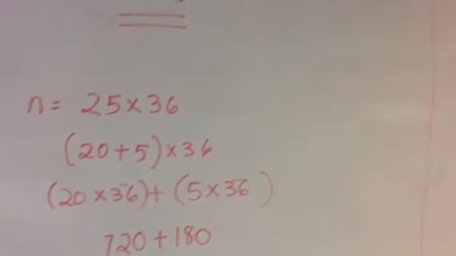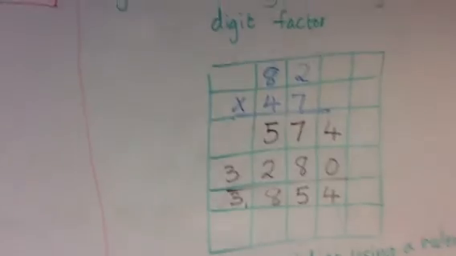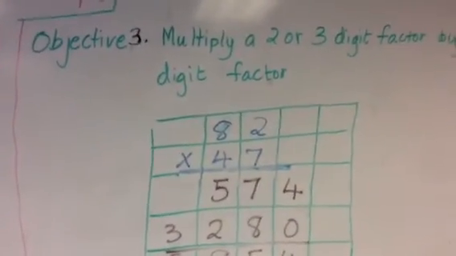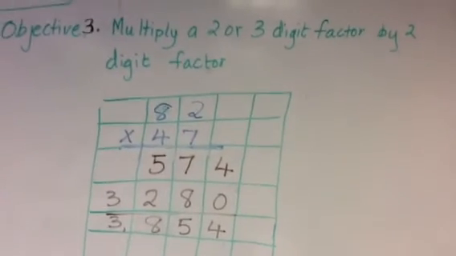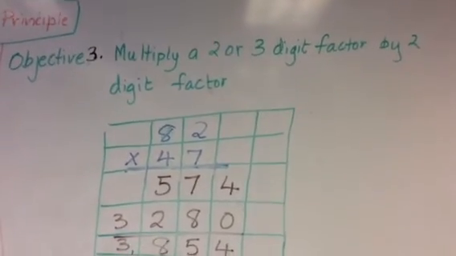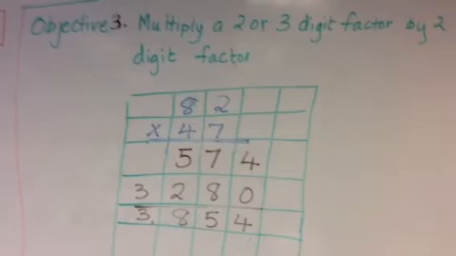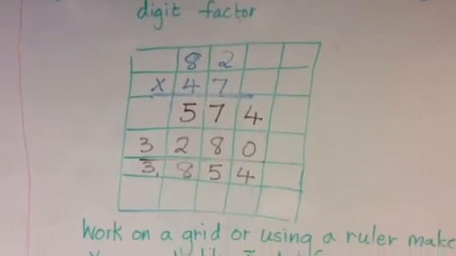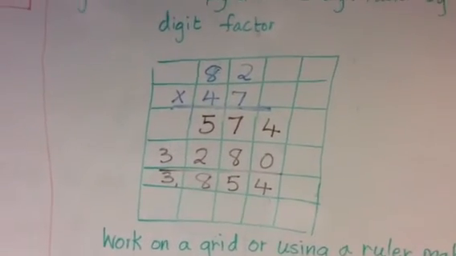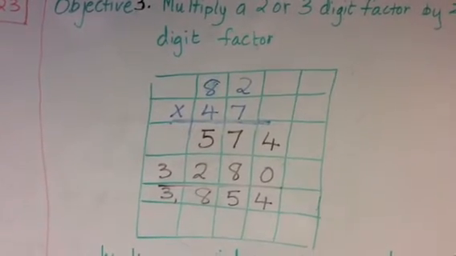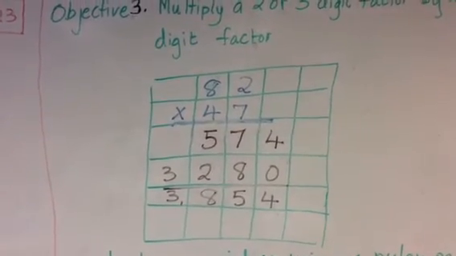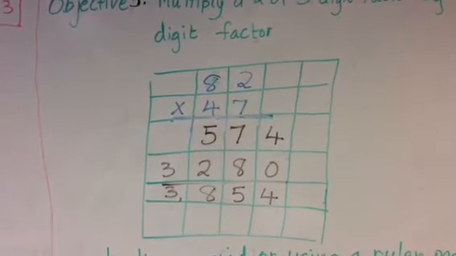Now we go on to objective number 3: multiplying a 2 or 3 digit factor by a 2 digit factor. So there are two numbers, 82 times 47. Use a graph grid, like the teacher made it, and work the problem inside.